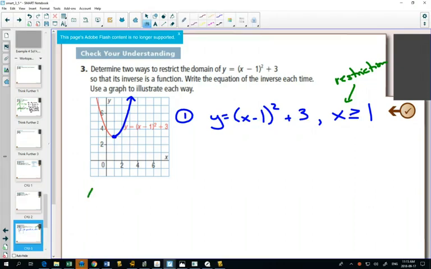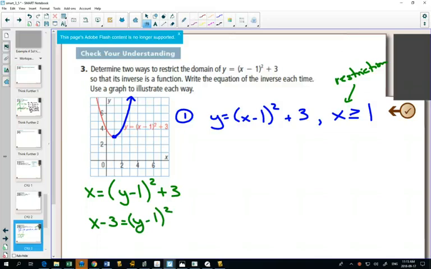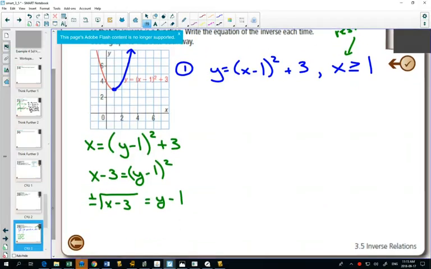Now when I find the inverse of this equation, that would mean switch x and y, right? This is how we find the inverse of an equation, and we would have to solve for y, so I'll bring the 3 over to the other side. To get rid of the square root, I square both sides, and I remember the plus or minus. And I get y equals plus or minus the square root of x minus 3, add 1 to the other side, plus 1.